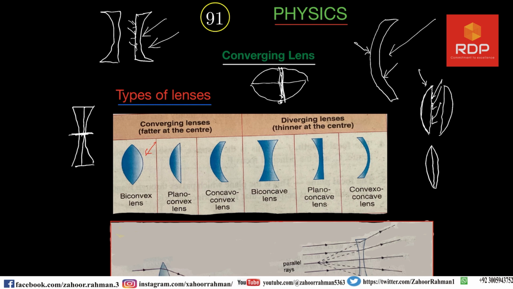One side is convex and the second side is concave, so that is why it is known as a convexo-concave lens. So generally there are six types of lenses which can be categorized into two different sections. One is called converging lenses and the second one is called diverging lenses.